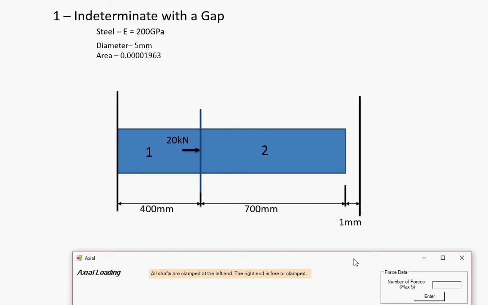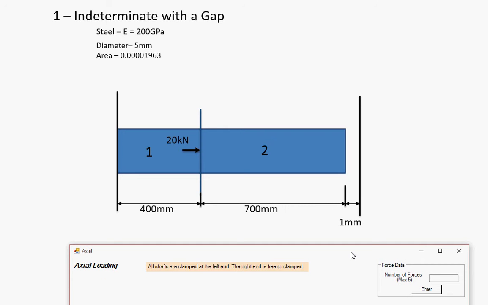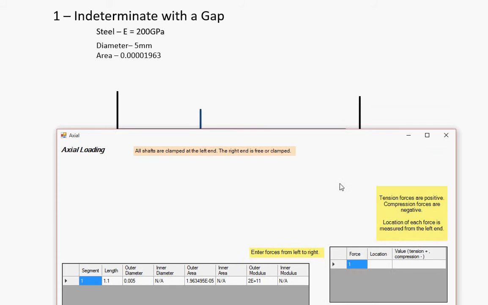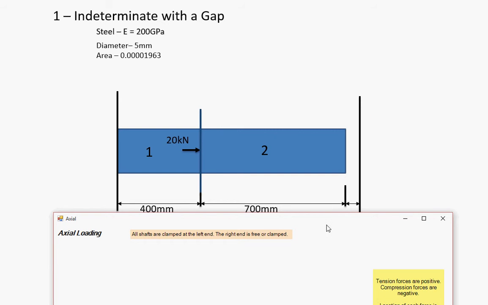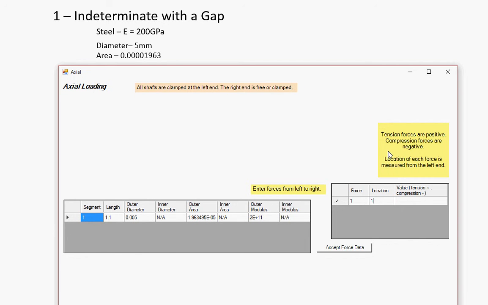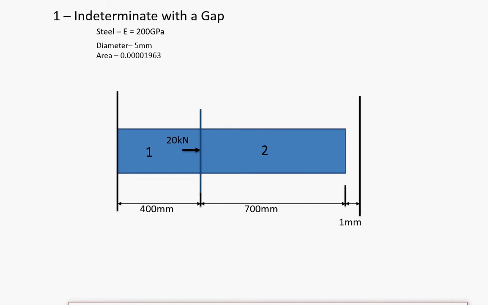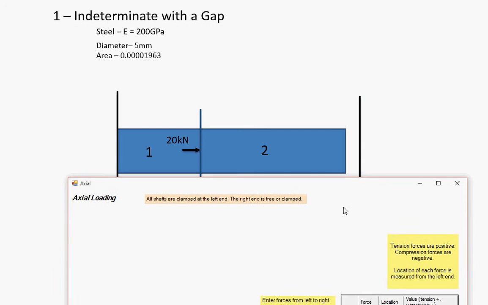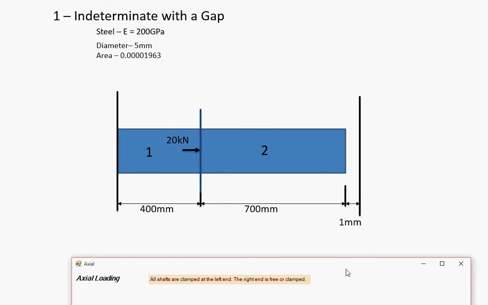As far as forces go, we just have the one applied, 20 kilonewtons at 400 millimeters. Remember to bring the location into meters, so 0.4 meters, and it's 20 kilonewtons in tension with regard to the left end.